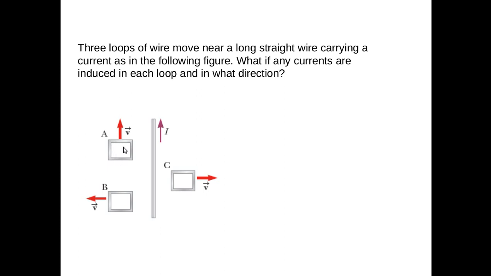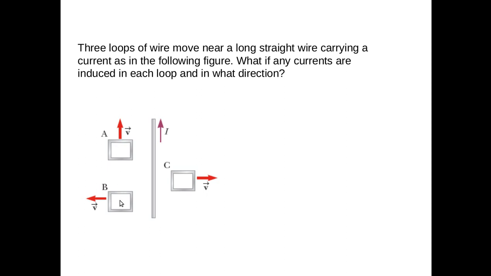R isn't changing, I isn't changing. This is just traveling in the positive y direction. So there's no change in flux. The magnetic field is not decreasing. There's no change in flux, so there's no induced current in loop A.